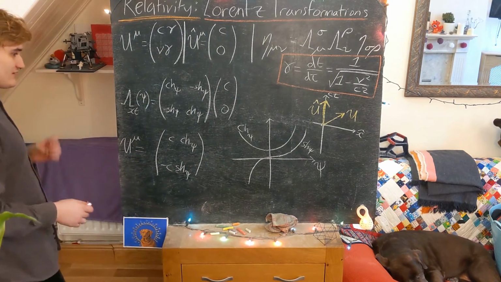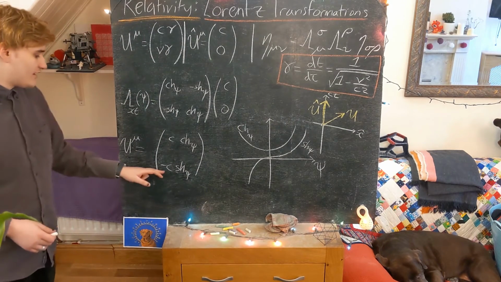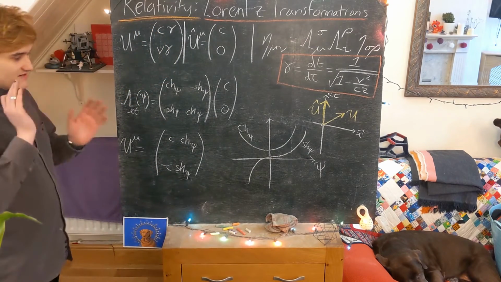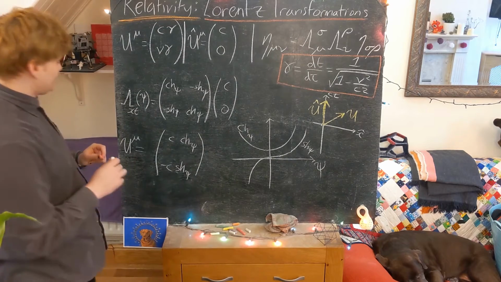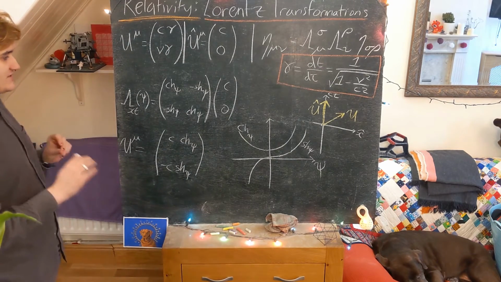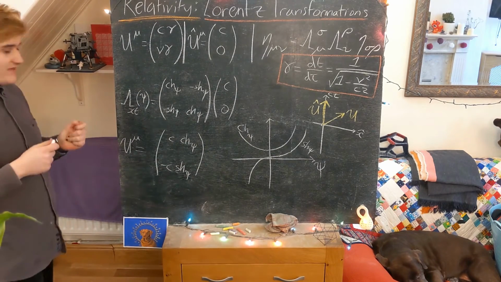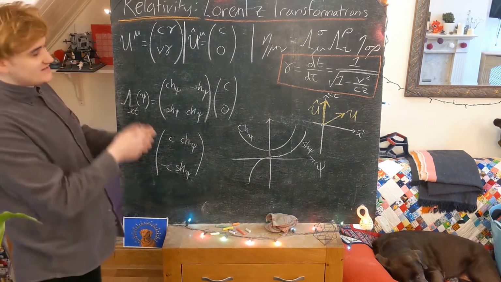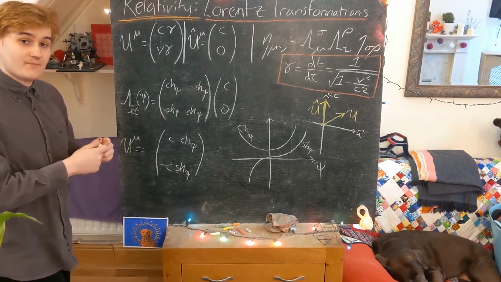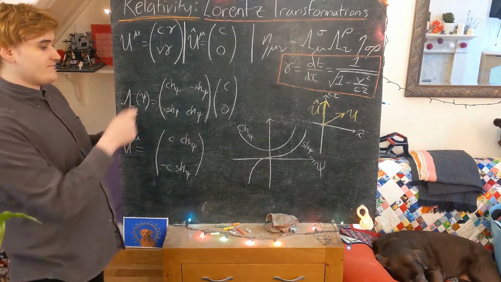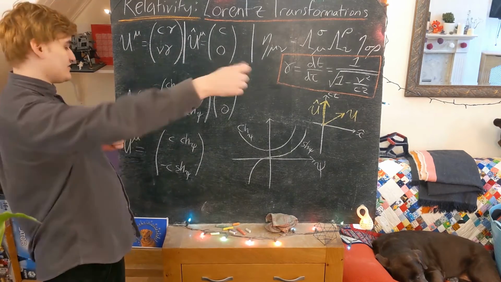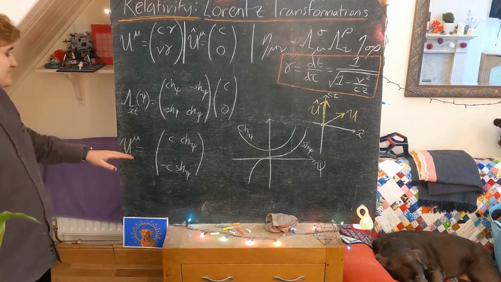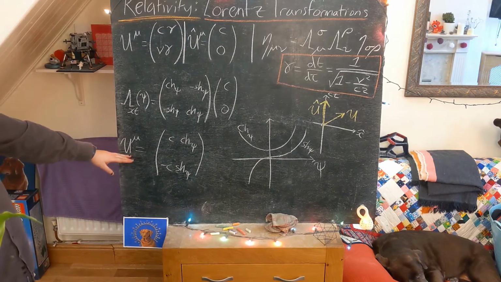And I'll just briefly comment about the fact that there's a minus sign here. This is just a convention, or not a convention, but it's to do with how we think about these two observers. Essentially, we're stationary in the stationary frame, and then we're boosting ourselves to a frame that's going to be moving with some velocity v away from us. And so we have to realise that this is the velocity in the frame that's moving.